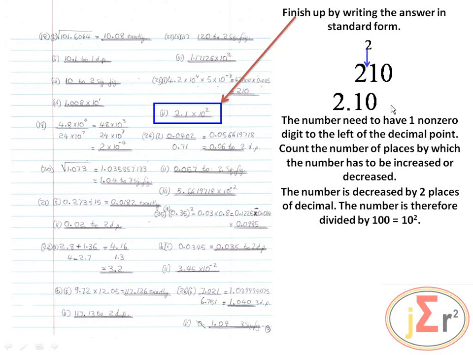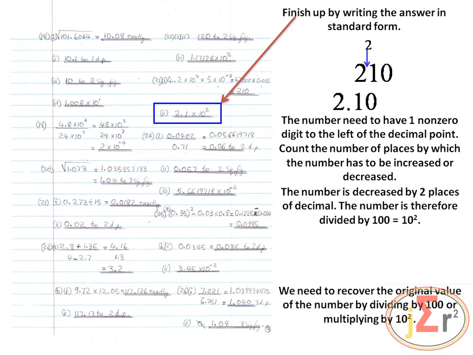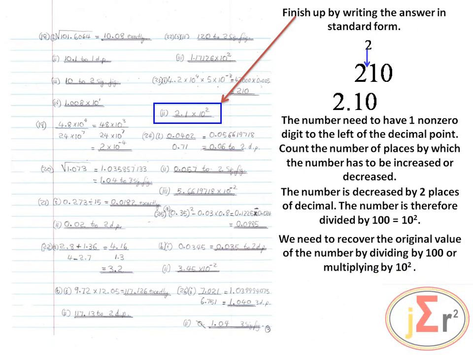But we cannot do that and be right unless we are prepared to make an adjustment. We need to recover the original value of the number by multiplying by 100 or multiplying by 10 to the power of 2. So here we have divided by 10 to the power of 2. To recover the original value, we will multiply by 10 to the power of 2.